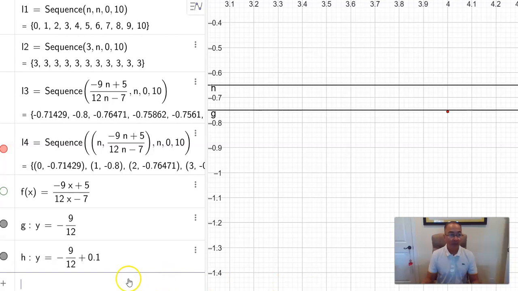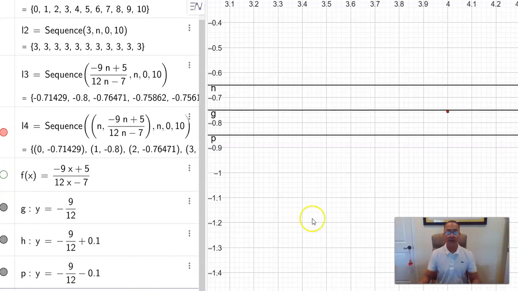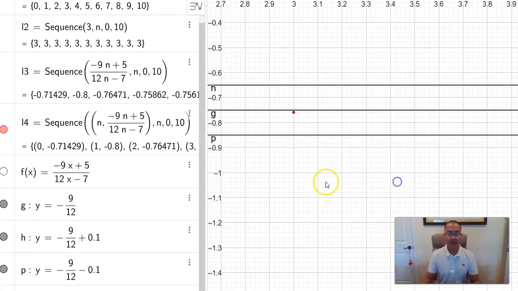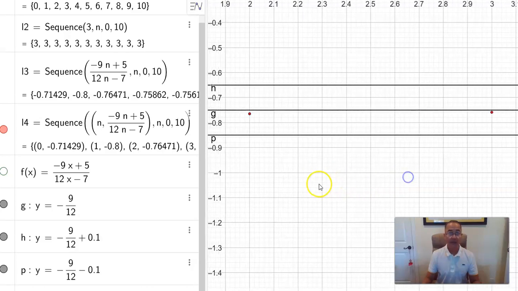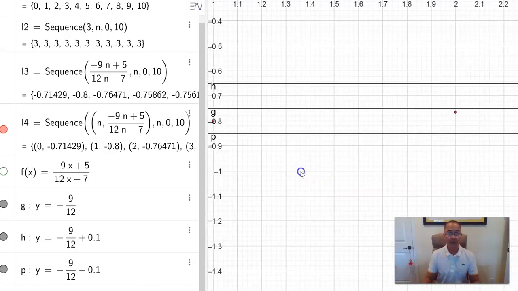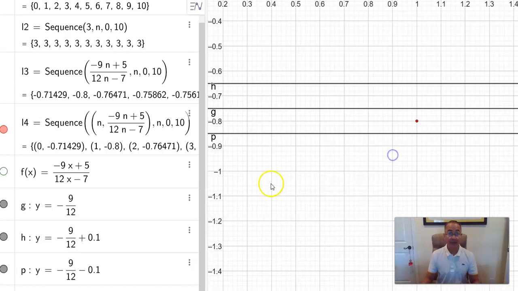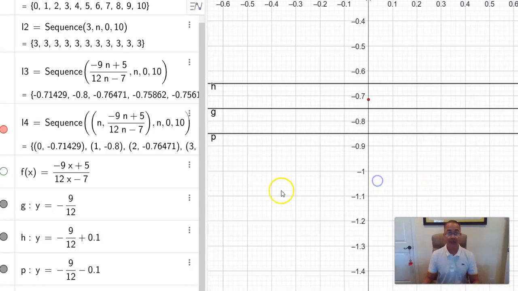And below we will have y equals negative 9 over 12 minus 0.1. There you go. So as you can see, it doesn't take long for our function to be within this epsilon strip. I hope you remember that notation.